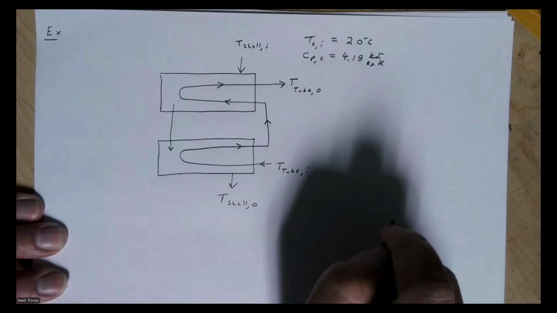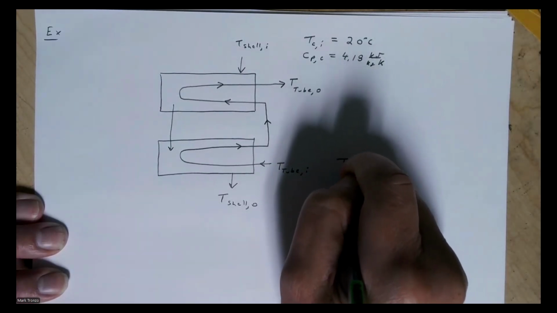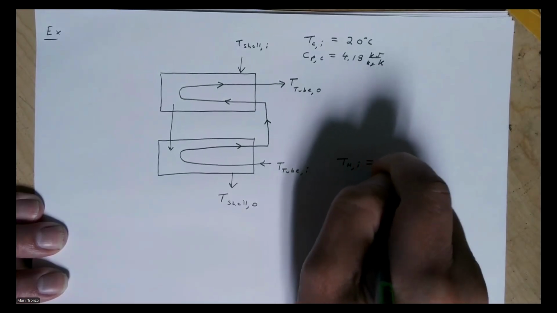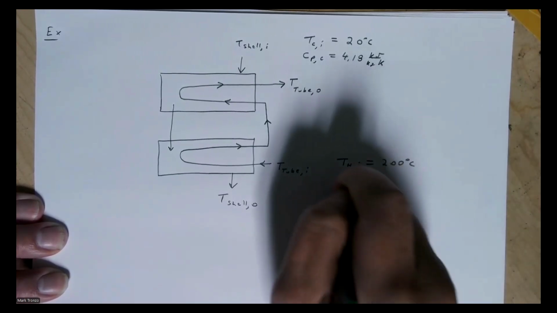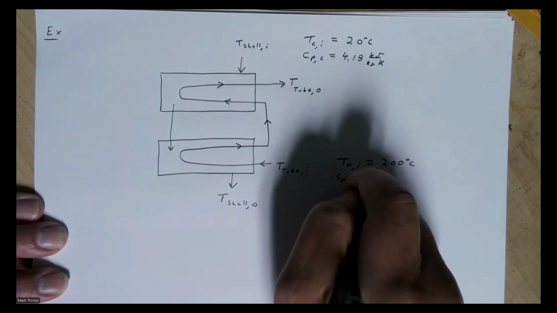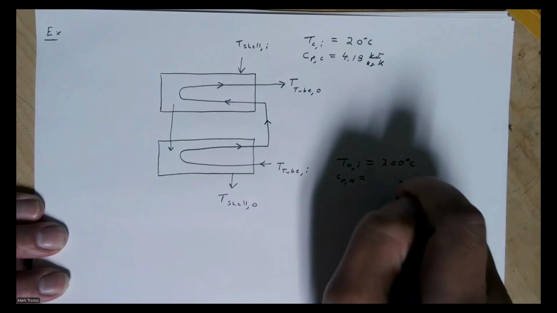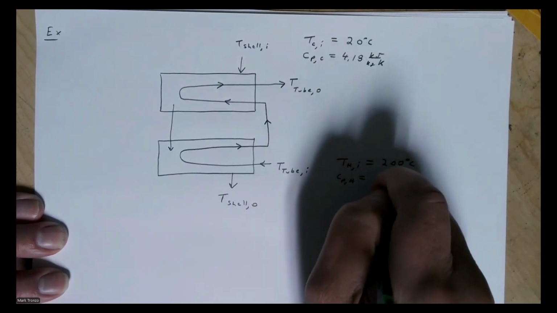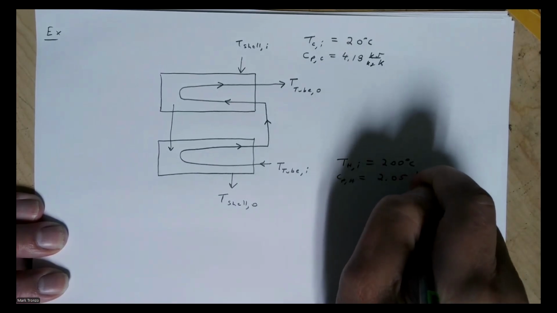And we know for the hot fluid, the inlet temperature is 200 degrees C. And the specific heat for the hot fluid is 2050 joules per kilogram K. I'll convert it to kilojoules since that's what we have above.